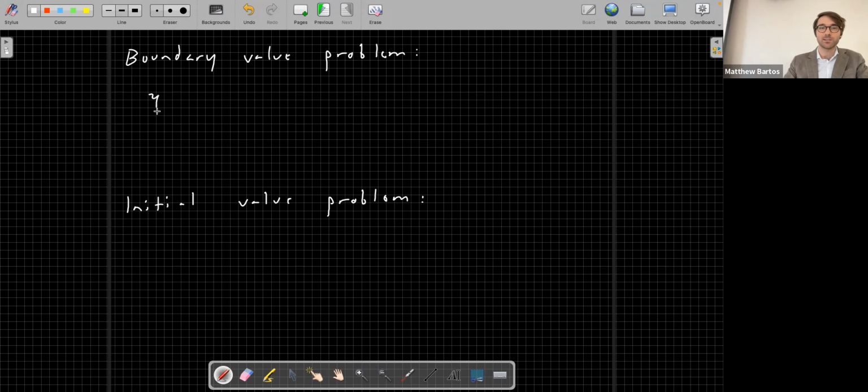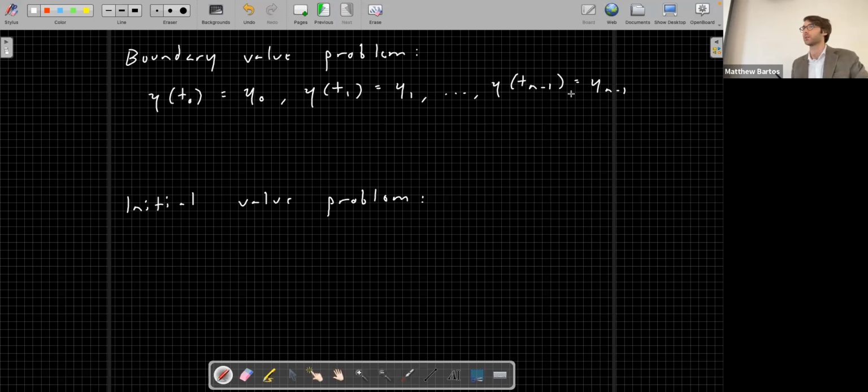So we'll assume, for instance, that y at time 0 is equal to some known value y0, y at time 1 is equal to some known value y1, and so on to y at time n minus 1 is equal to y_{n-1}. So note that this is n different equations from 0 to n minus 1.